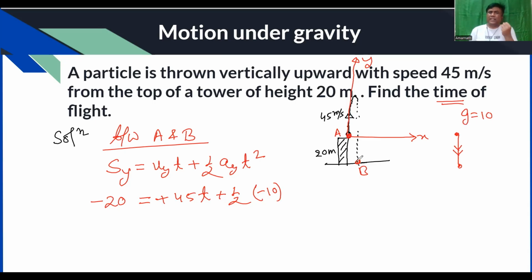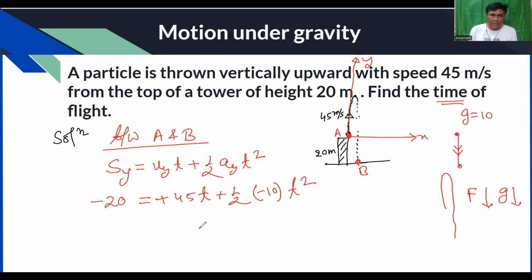Okay. So what is the direction of acceleration? Remember, when the particle goes up, acceleration is downward. When the particle comes down, acceleration is also downward, because all the time the force is downward. So hence, acceleration is always downward. But my convention says that acceleration should be negative. Okay. Are you getting or not?